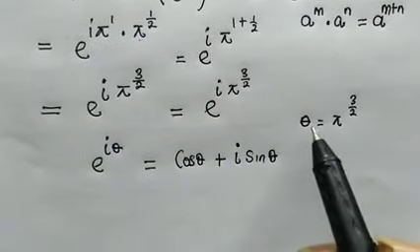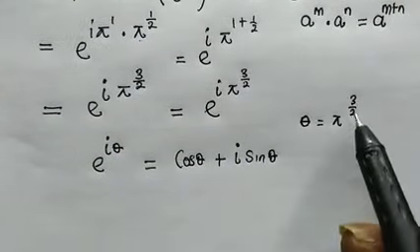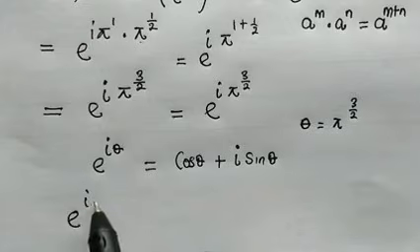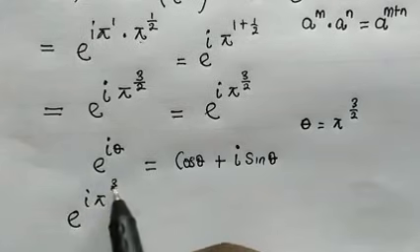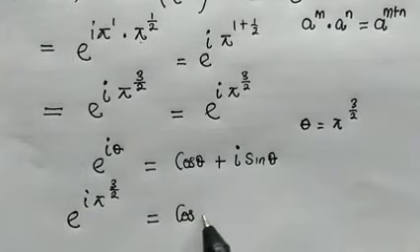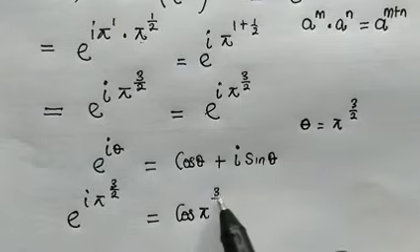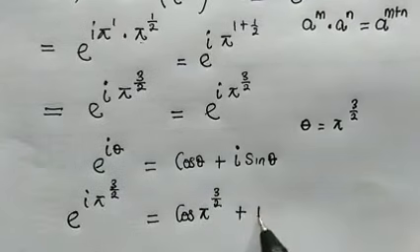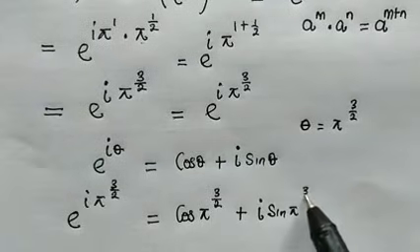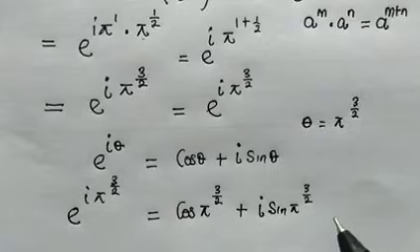Now if you substitute pi to the power of 3 all over 2 into theta here, so we get e to the power of i pi to the power of 3 over 2 will be equal to the cosine of pi to the power of 3 over 2 plus i multiplied by the sine of pi to the power of 3 over 2.